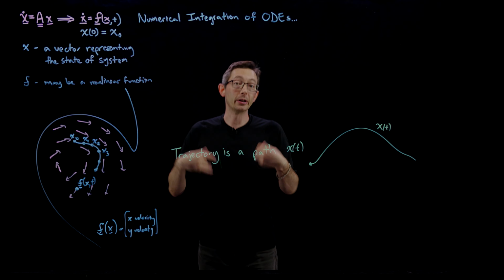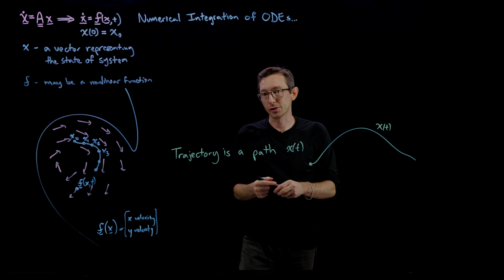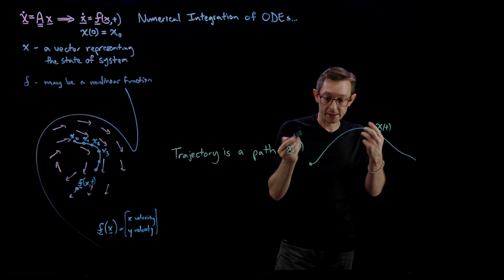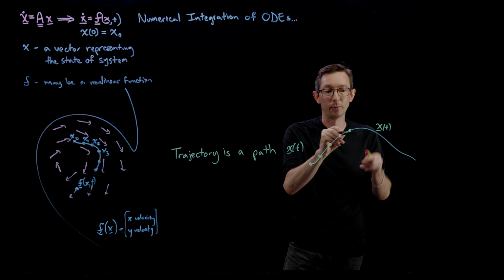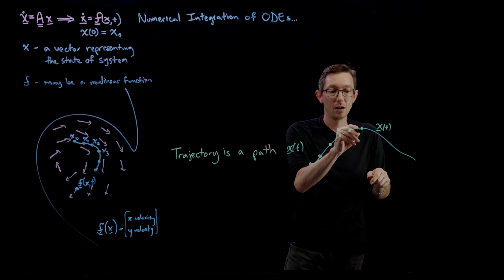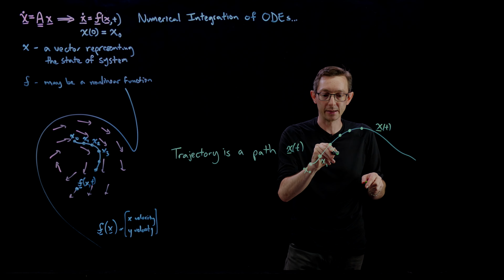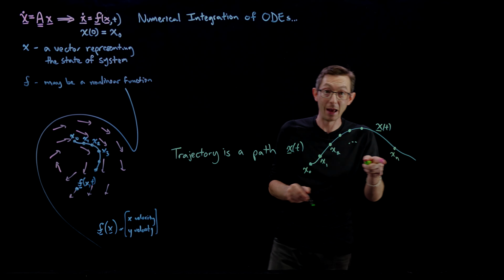But numerically, when I solve this on a computer, what that is often going to be is discretized at discrete points in time. So I'm going to approximate this continuous path with these discrete points: x at time 0, x at time 1, x at time 2, all the way up to x at time n.